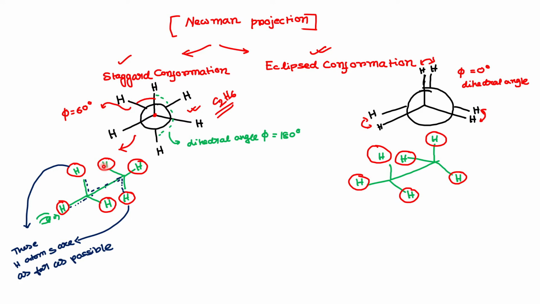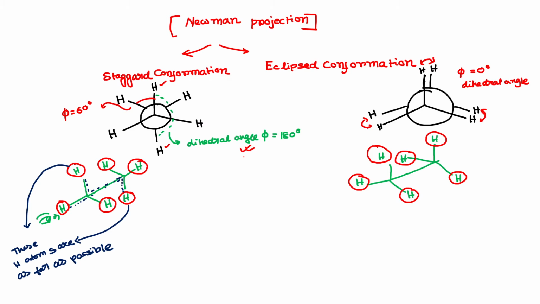So these dihedral angles are 180 degrees. As you can see, these hydrogen atoms are separated as much as possible in the staggered conformation. I have already told you that the angle between this hydrogen atom and this hydrogen atom is 180 degrees.